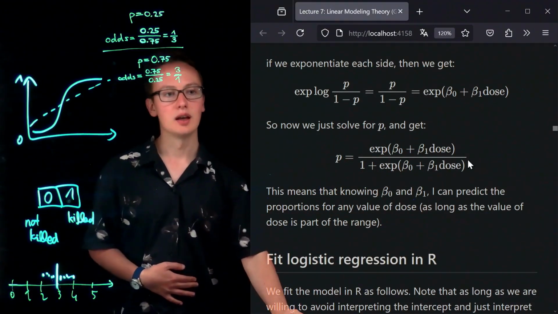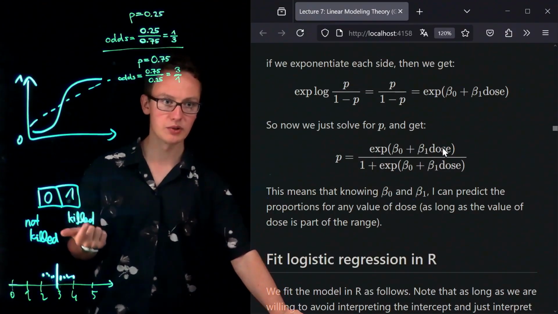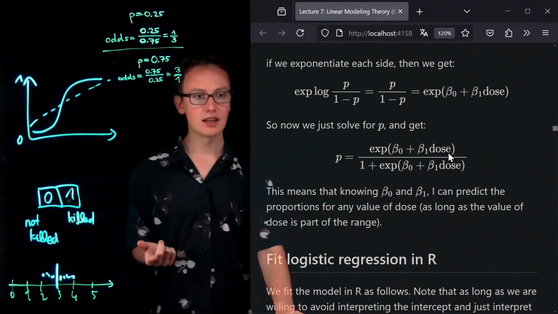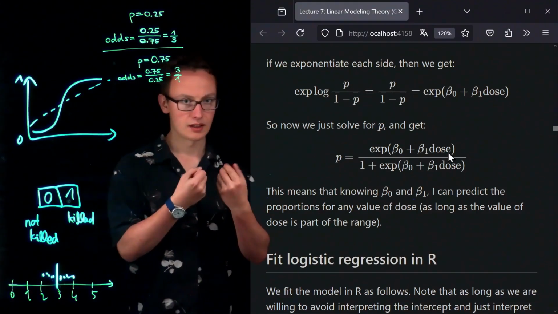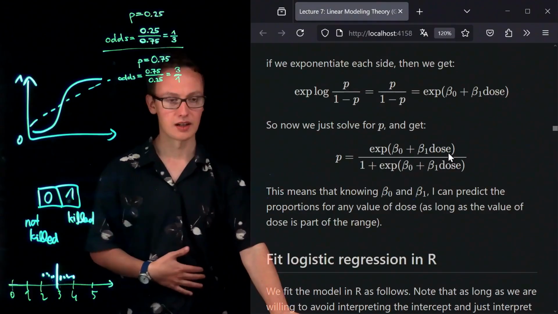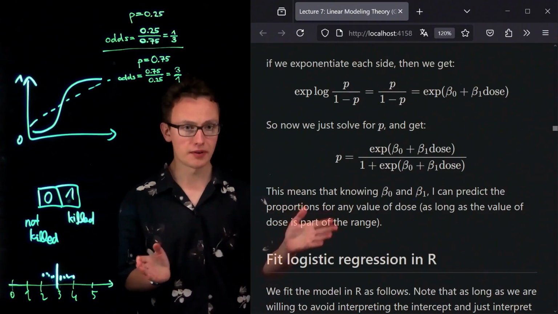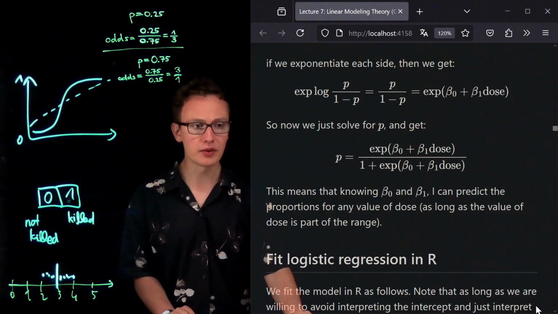Okay, so by computing this, knowing what our beta 0s and beta 1s are and what our specific value for the dose is, we can basically calculate the probability that corresponds to that particular value, the predicted probability in a sense, right? So that is the mathematical theory.